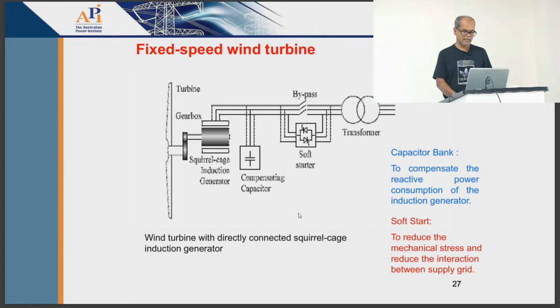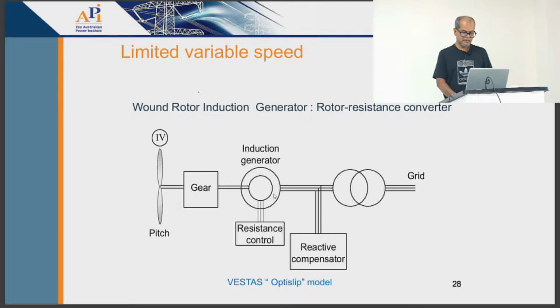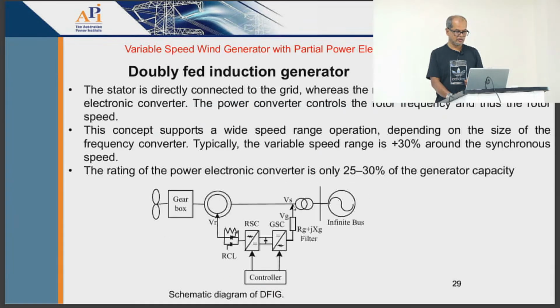Squirrel cage, as you know, the rotor is internally shorted, but for this one, the rotor is connected with an additional resistance box, which can be utilized to control the speed, but the control range is quite limited, that's why it's called limited. And this is a resistance box, so there will be power losses as well. So again, that's why people are not interested in this type as well.